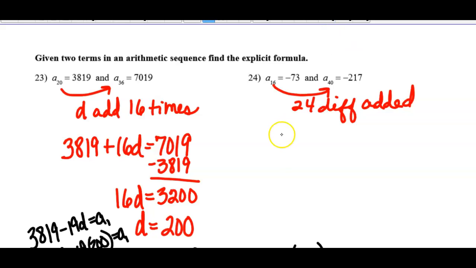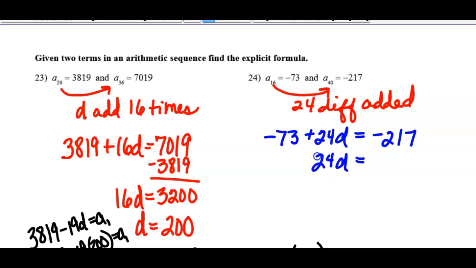So you got to think about that as -73 had 24 differences added and became -217. If I solve that, -217 plus 73 is -144. Divided by 24 is -6.